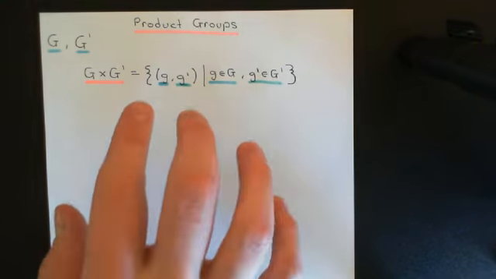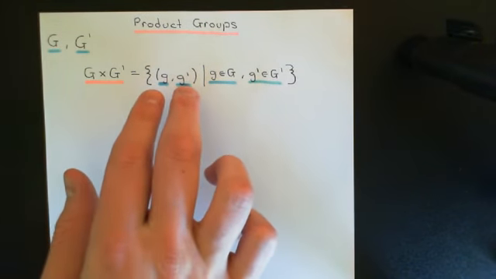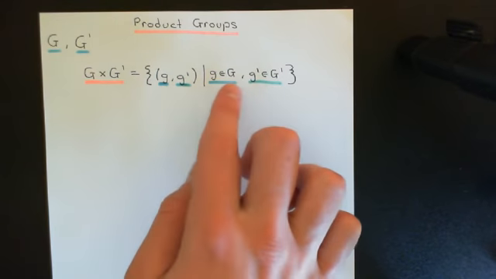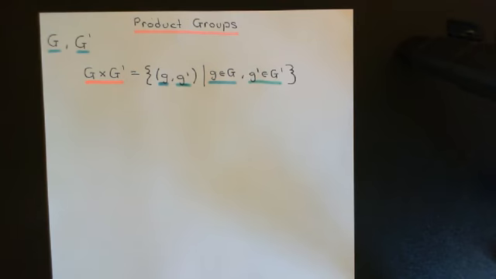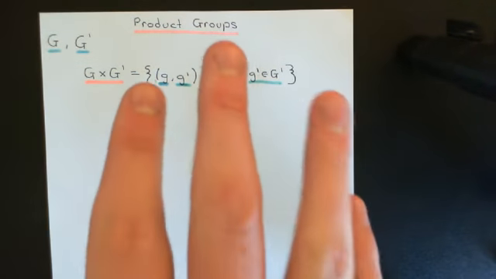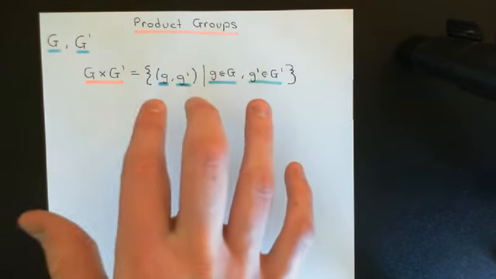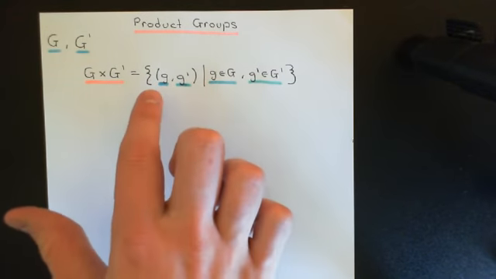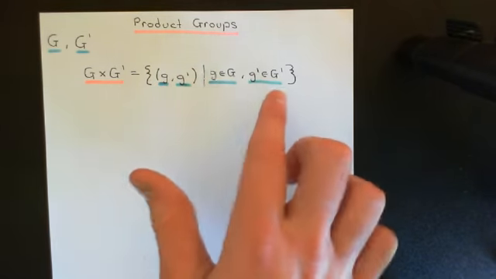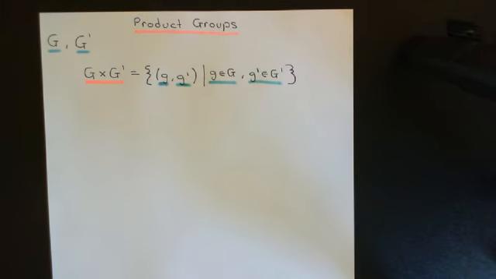So basically what you do is you take every possible combination of an element from the group capital G and an element from the group capital G prime, and you stick those into a set. Let me repeat that. You have every single combination that you can possibly dream up of an element from the group capital G with an element from the group capital G prime in this set.